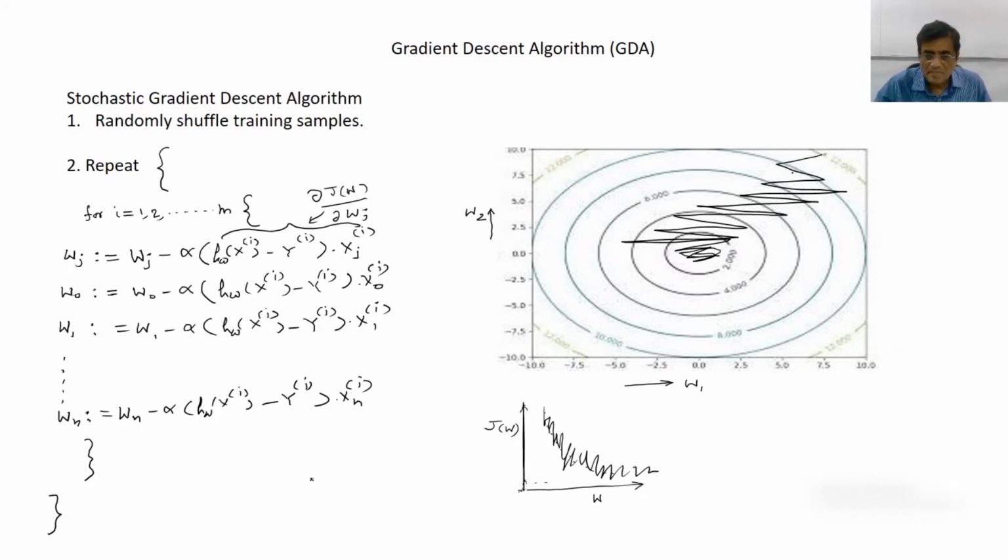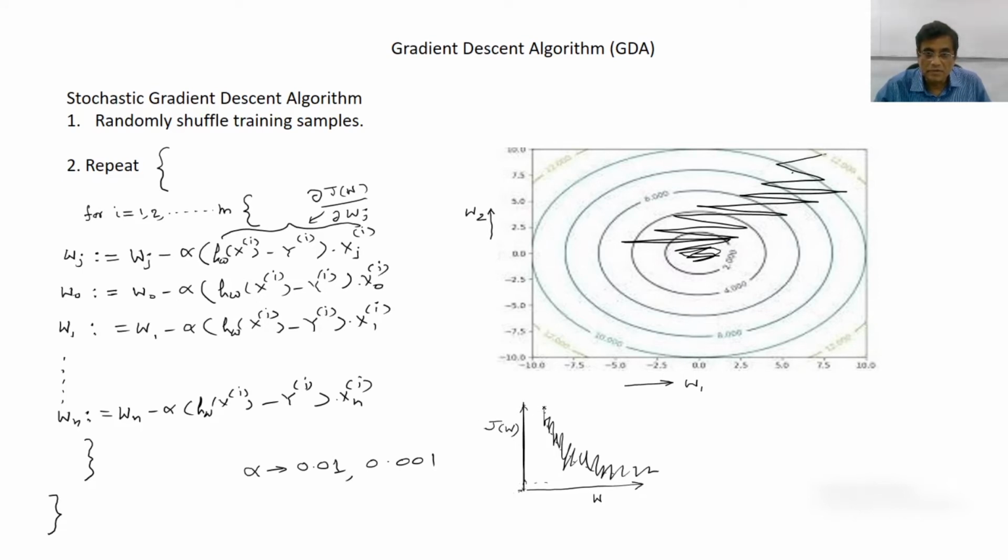So if it is oscillating too much, you can play around with the learning rate, so that the oscillation will be a little less, but still allow the parameters to converge.